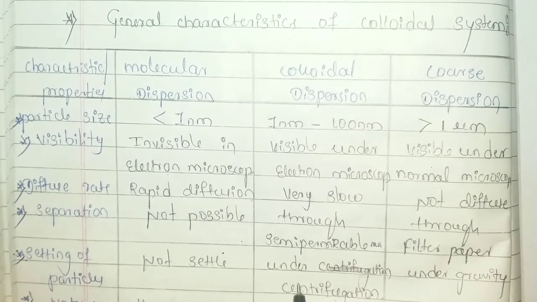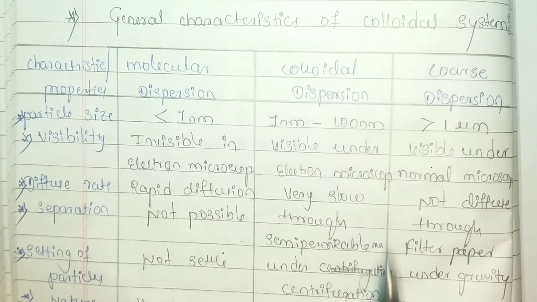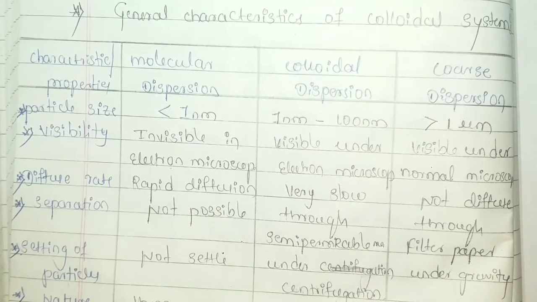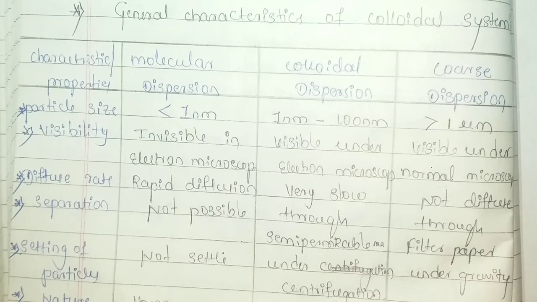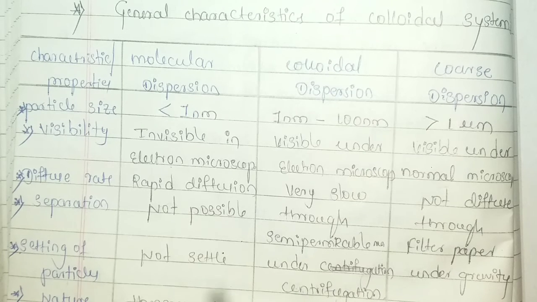Here, the colloidal dispersion, one thing you remember, is always heterogeneous, but the particles are not visible to our eye. Heterogeneous means the particles are present in the solution, and their settling happens under centrifugation.